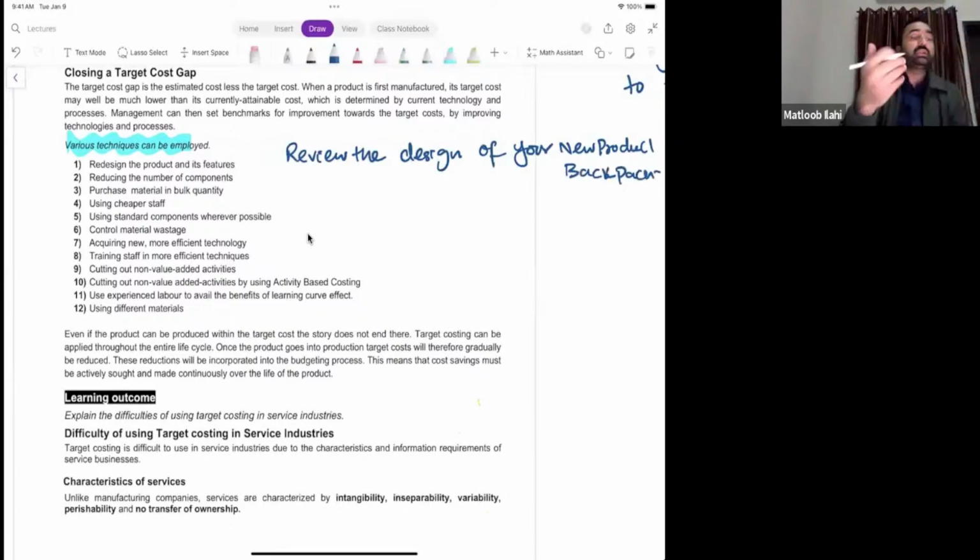Its features, for example, how many pockets you are going to include, how many zippers, how many other sheets, materials, external pockets, internal pockets. Or if you are adding some electronic stuff, how many features you are going to add.